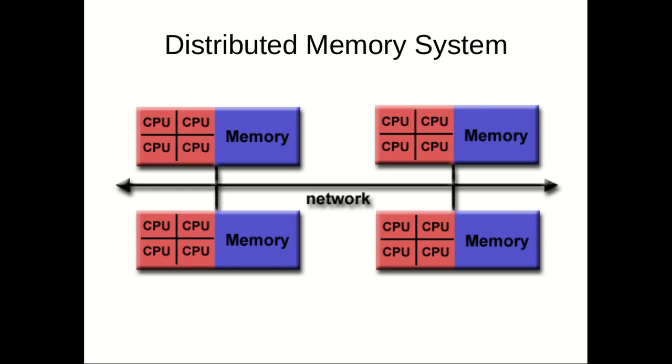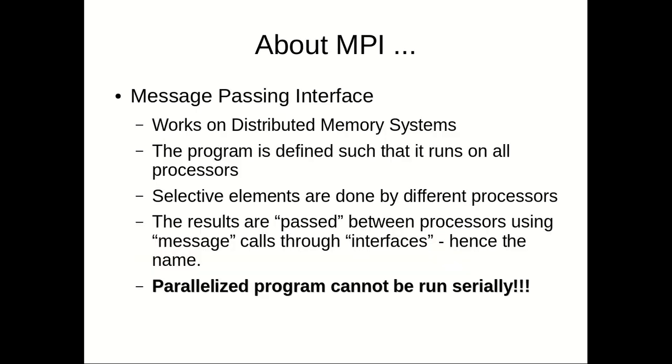Now this is how a distributed memory system looks, and MPI is exclusively defined for this kind of system. When an MPI program is defined, it is defined such that the entire program runs on all the given processors simultaneously, and then as the program runs, selective parts of the program get executed by different processes.